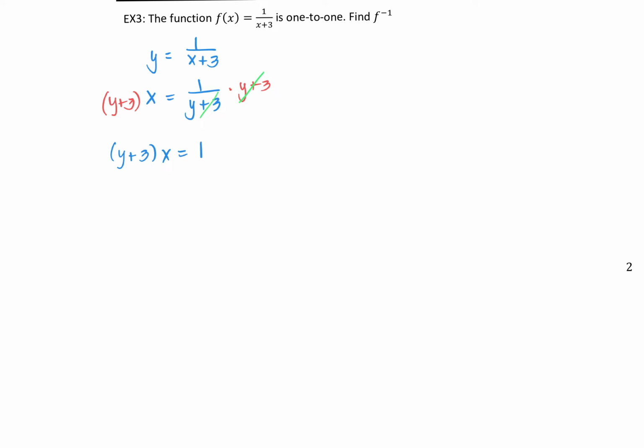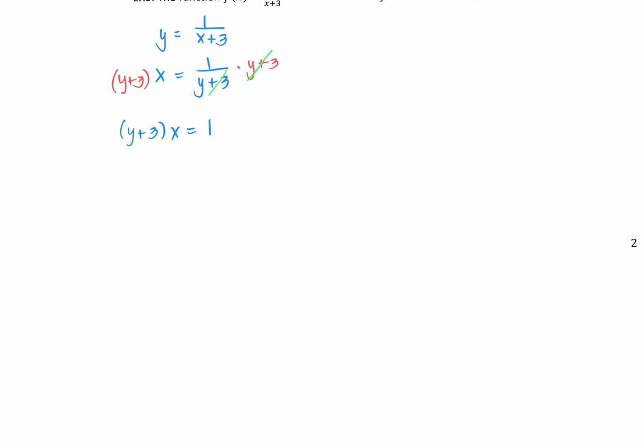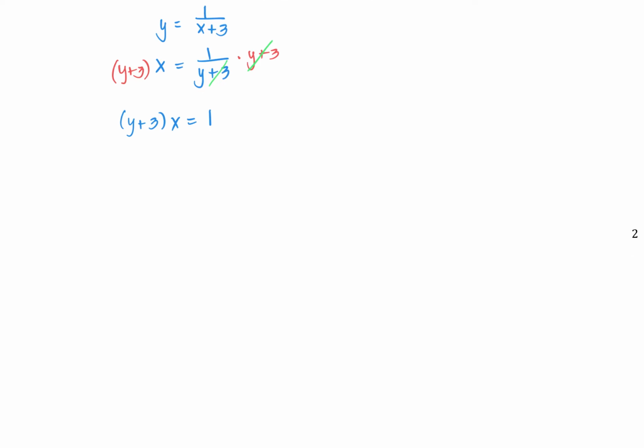Because I want to get the y by itself, I can at this point simply divide by x on both sides. And you see that these x's will cancel on the left, so that I have y plus 3 equal to 1 over x. And now all I have to do is subtract 3 from both sides.